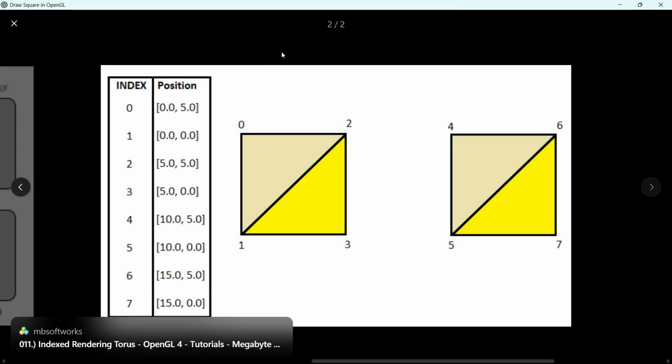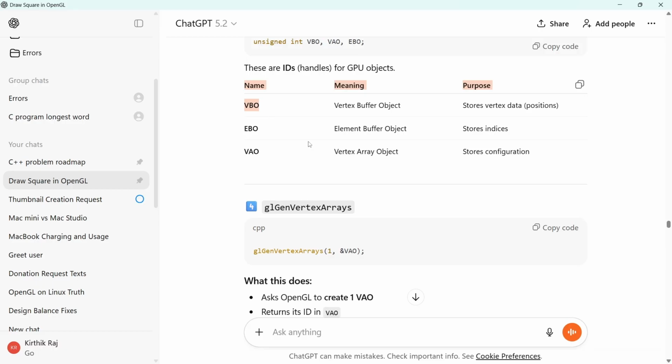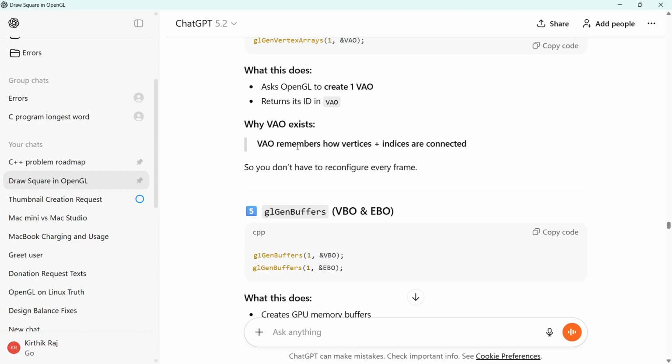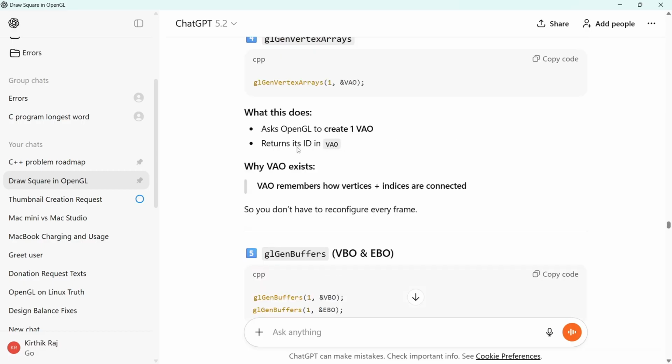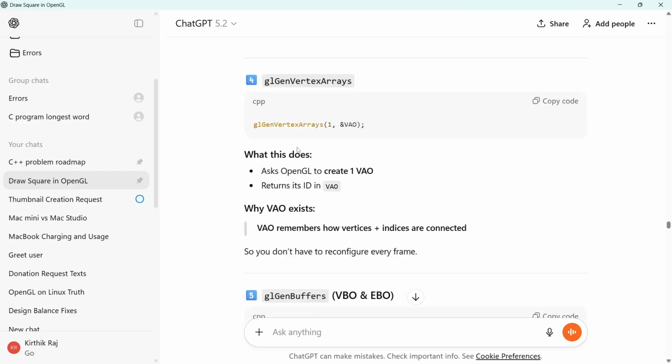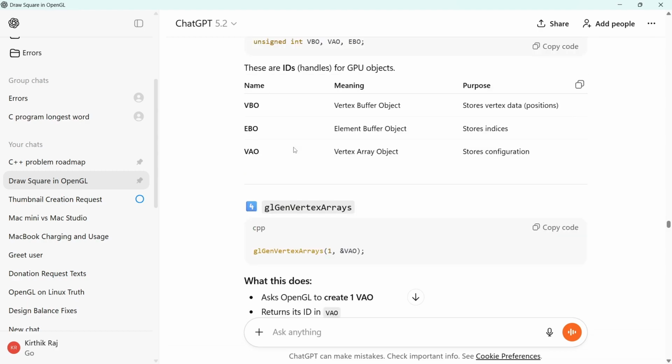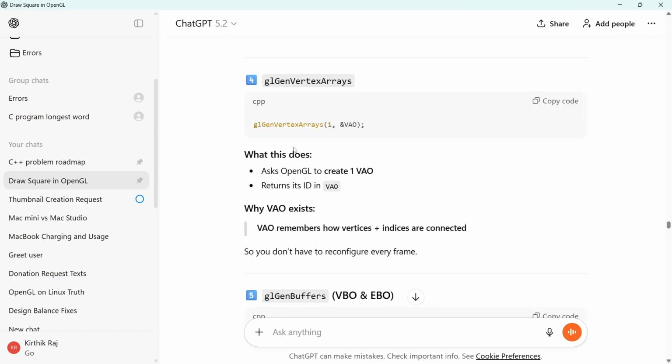What is this? Index for that. Okay, I saw that. So here it is: glGenVertexArrays.